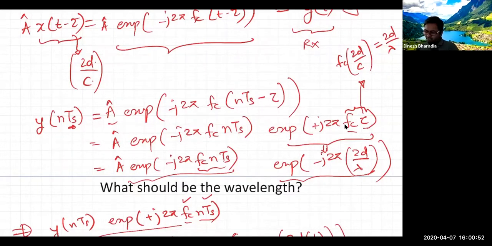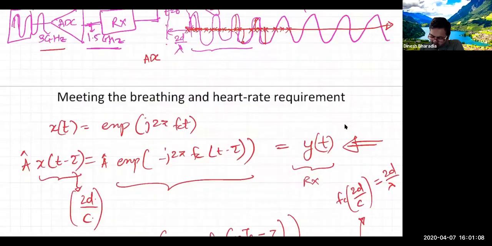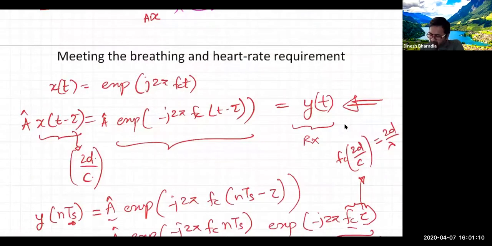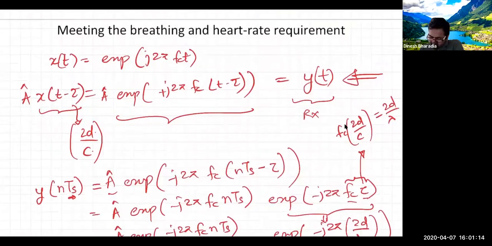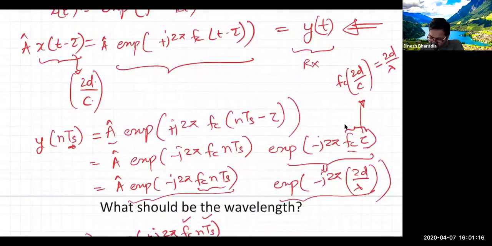It should be positive, or let me correct it differently. Puneet, thank you for pointing that out. I think the notation was correct to start with. Let's start with the transmitted signal as positive exponent of j2 pi FC t. The received signal then has t minus tau, and therefore this should be multiplied by this.